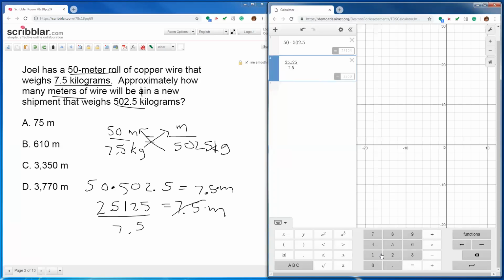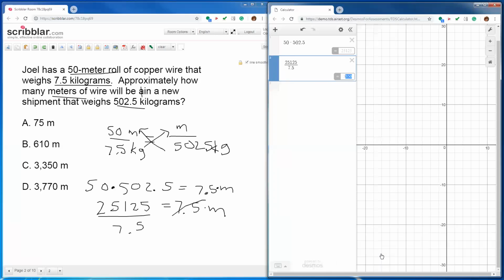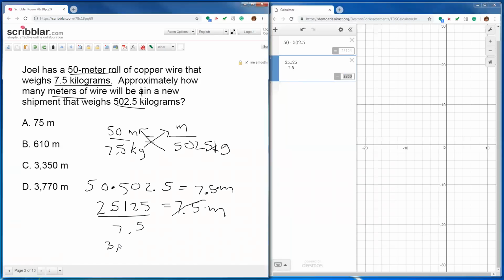You can erase it. If you had other stuff to type in, you'd have to click to the right so that you weren't at the bottom of the fraction anymore. And so that helps us find that final answer of 3,350 meters.